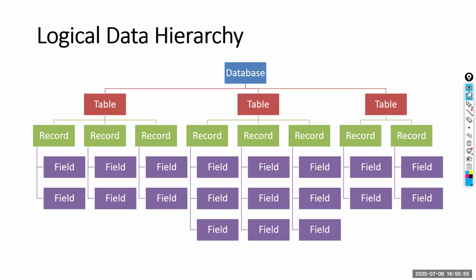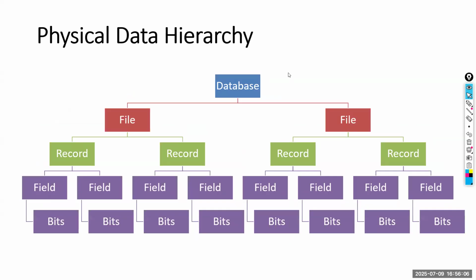But if you are a system administrator, where you are interested in monitoring, performance tuning, backup, recovery, and security, you are interested in the physical hierarchy as well. For you, your database is a set of files, data files and index files.